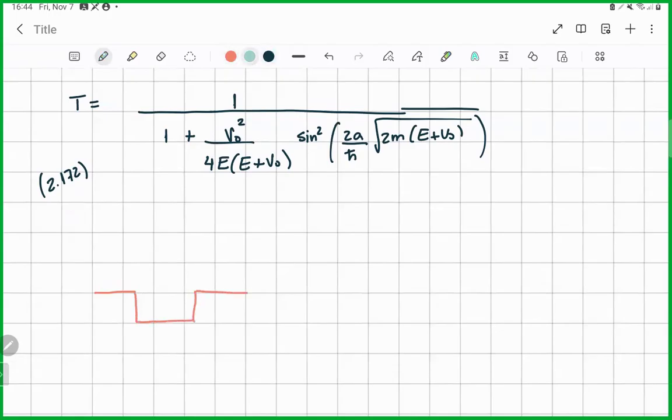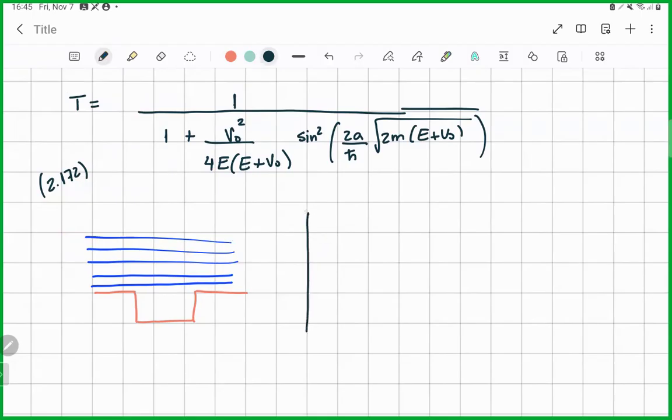As the energy goes on increasing, as the energy gets larger and larger with respect to this potential, what we would expect, if we made a plot of this transmission coefficient as a function of this energy, is for it to keep growing until this energy is so large that the transmission is 100% transmitted. But that's not what we see.